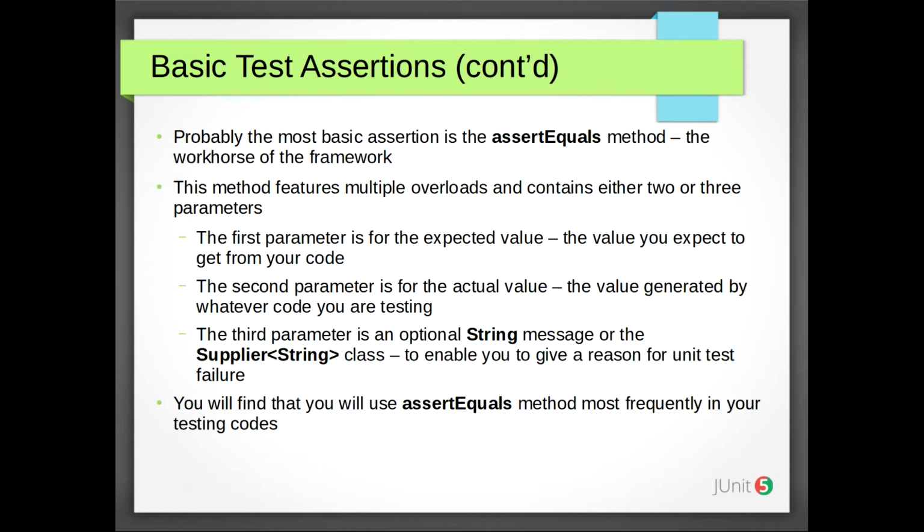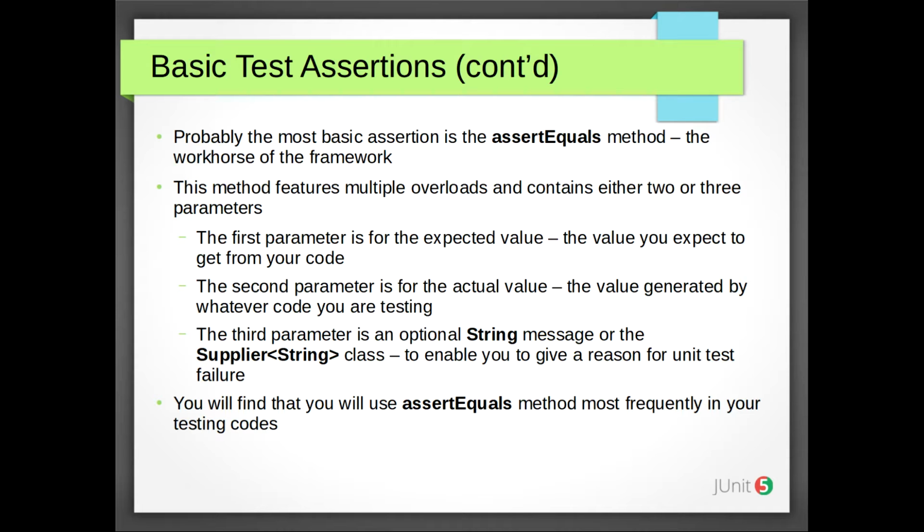The second parameter is for the actual value, the value which your code generates. And the third parameter is either an optional string message or the supplier of type String class to enable you to give a reason for unit test failure if it fails.